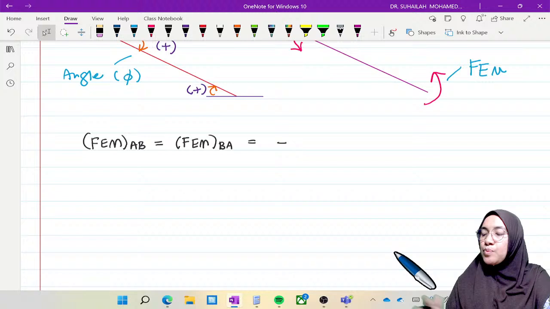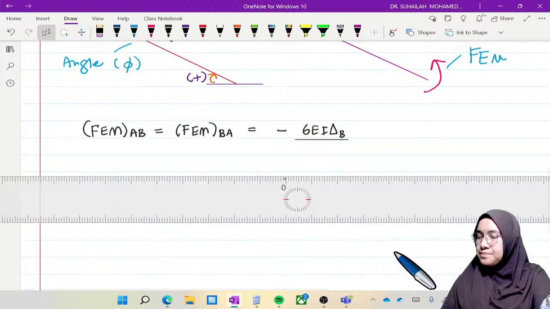Is it EI or 2 EI? It is EI. 6 EI delta B divided by L squared. L is 4 meter, so it is 4 squared.